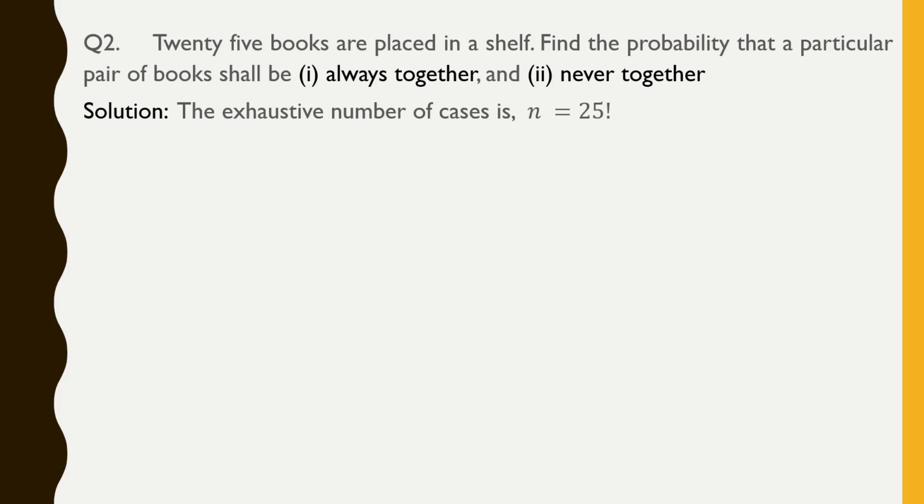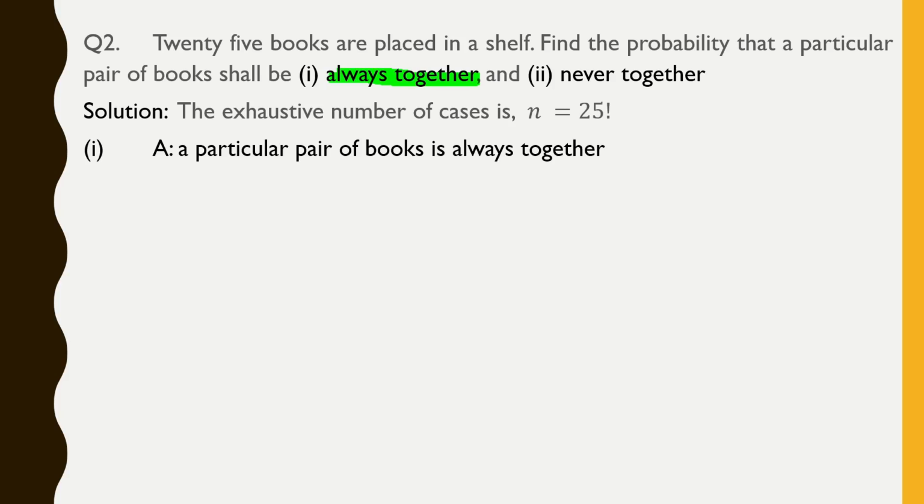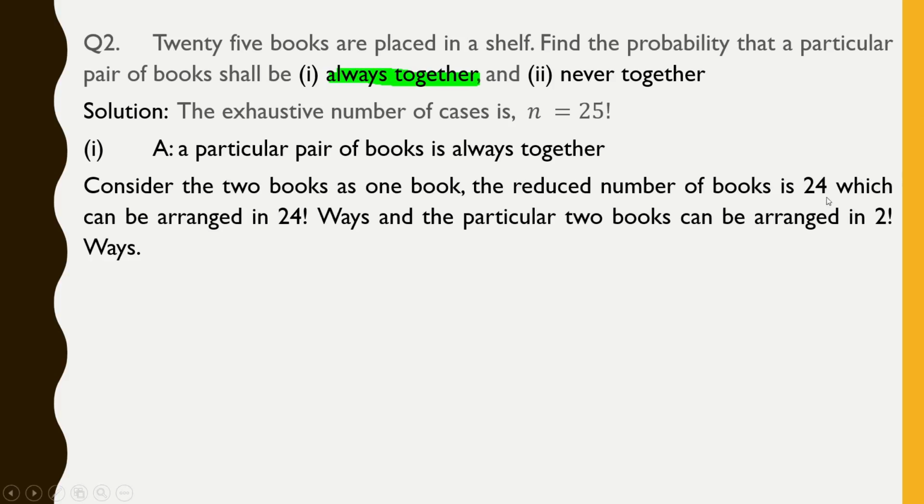Now we want a particular pair of books to be always together. So what we can do is combine that particular pair of books and count it as one, just like the earlier sum. So the total number of books will be 23 plus 1, 24, which can be arranged in 24 factorial ways.